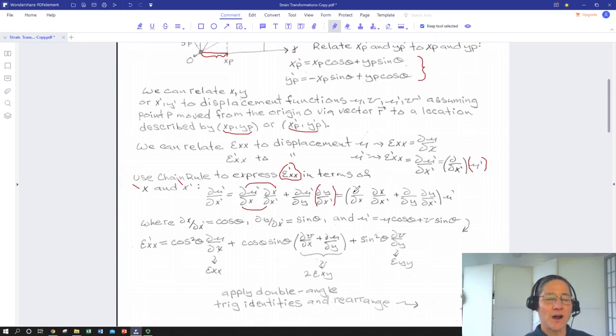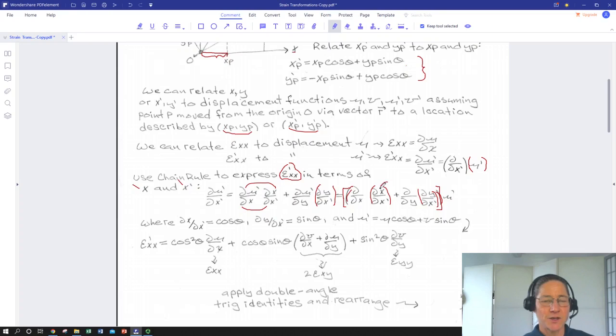And if we use our operator expressions and say, well, we're going to leave our change in x with respect to x prime and change in y with respect to x prime alone, because those are just geometrical relationships, and leave these partials with respect to x and y, our original coordinate system, as operators, we can take our u prime out of this expression and just say this whole expression, I'll put it in square brackets, is going to operate on u prime.